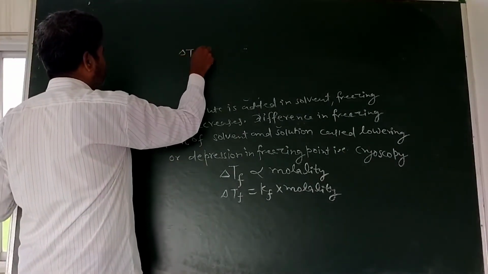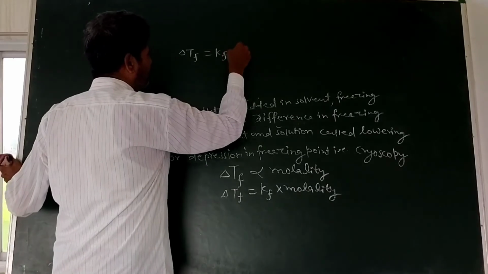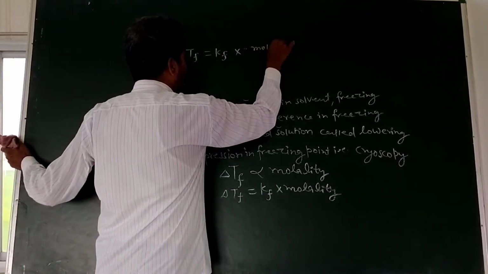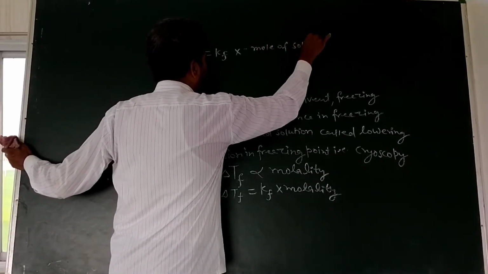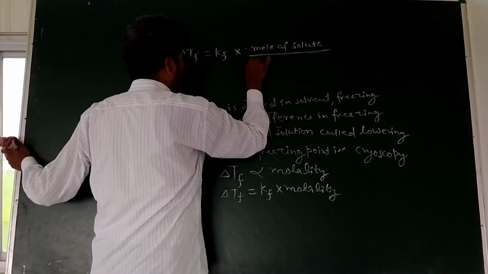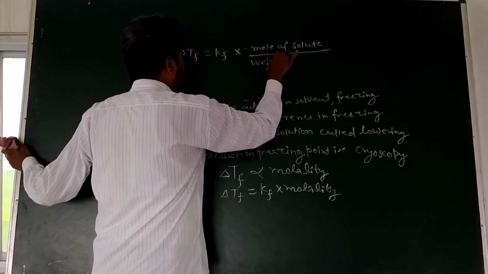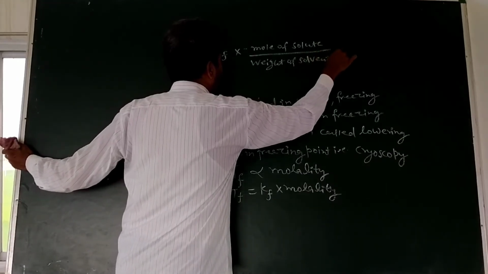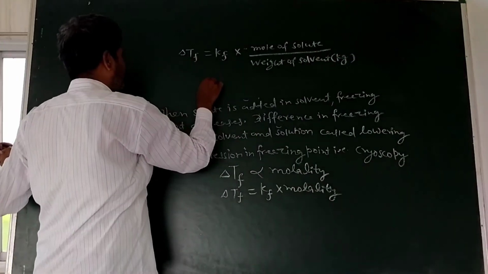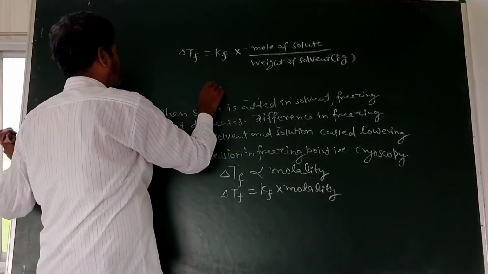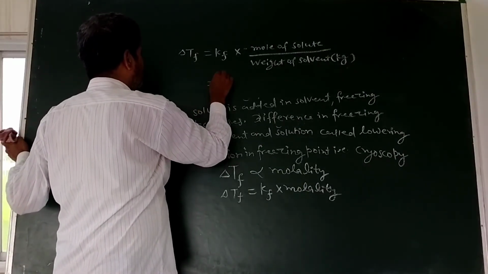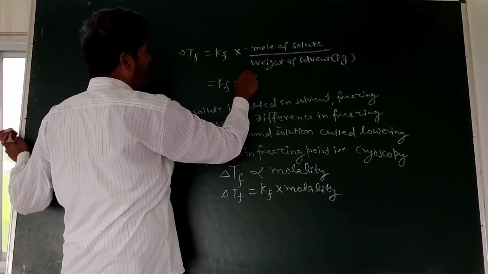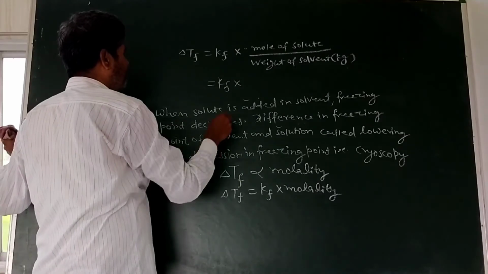Delta Tf is equal to Kf, formula of molarity: moles of solute upon weight of solvent in kg. Kf on extension, moles means the ratio of mass and molar mass.